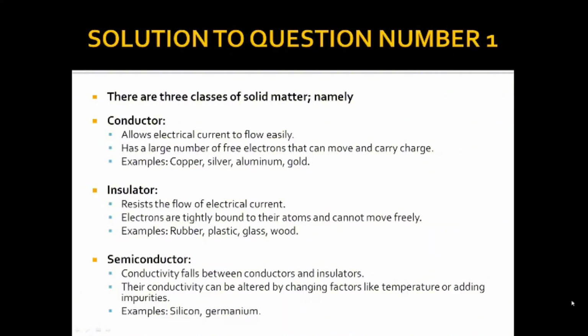That means electric current flows through them. They have a large number of free electrons or free charges that can cause conductivity. Examples are copper, silver, aluminum, gold. Mention more. You can drop more in the comment section.